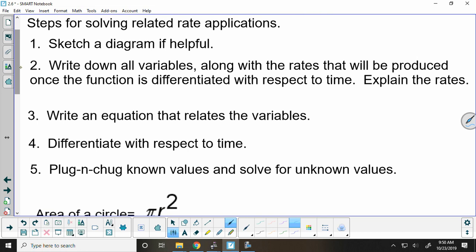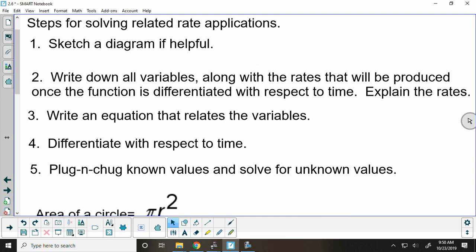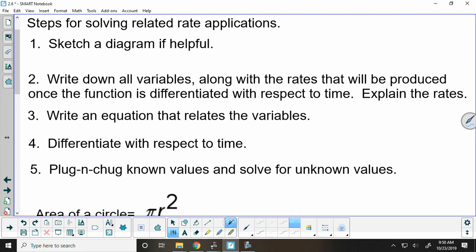Is that fair? So steps for solving related rate applications. You are going to sketch a diagram if helpful. Okay, and I think instead of number 2, I think we need to add a 1.5. 1.5.